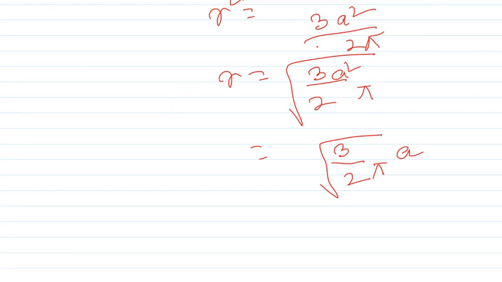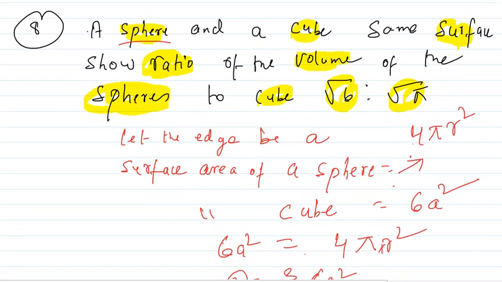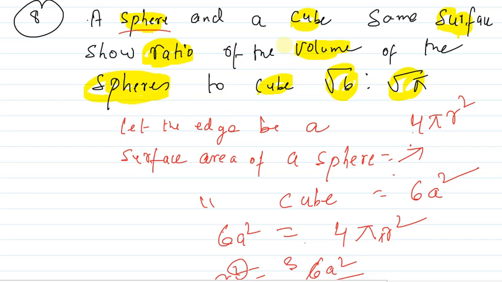Till now, are you getting? Any doubt you have? Again I am telling, a sphere and a cube have the same surface. So we have to show the ratio of the volume of the sphere and the cube. The ratio is given √6 is to root pi.